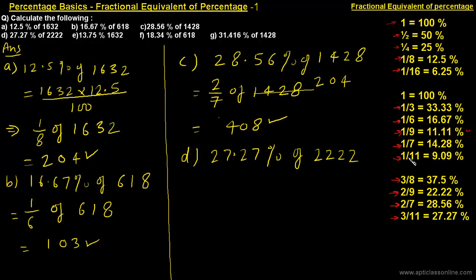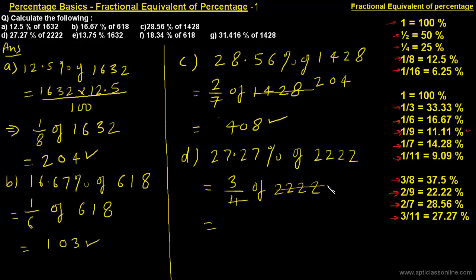So if you multiply it by 3, here I have written it also, 3 by 11 is equal to 27.27%. So 27.27% is nothing but 3 by 11. So we have to basically find out 3 by 11 of 2222.